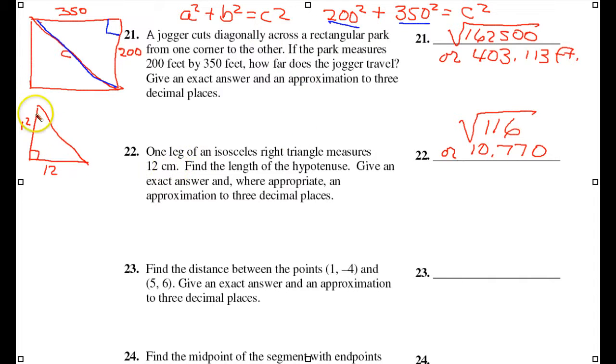And then here we have an isosceles triangle, right triangle. There's your right angle. Isosceles means these two sides are the same. So this will be 12 squared plus 12 squared is going to equal c squared. And let's check this out here.